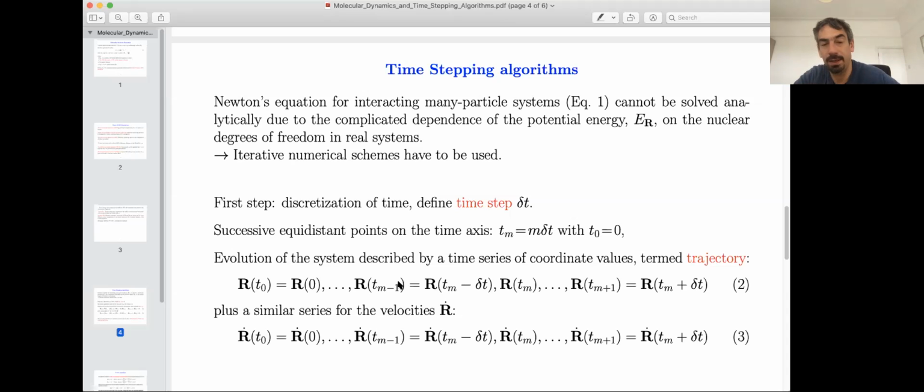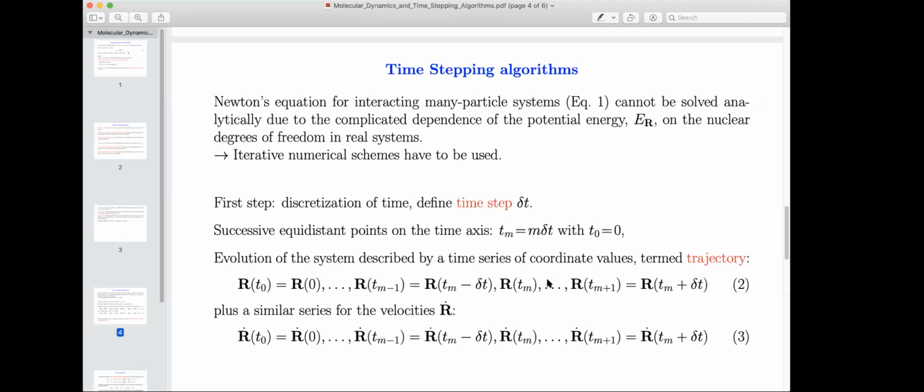You again use this, solve Newton's equation of motion for the next time step, and then you move your nuclei to that next position, and then you again solve the Kohn-Sham density functional theory equations for these new positions and the forces, and so on and so forth. So the DFT-MD is just a sequence of solving the Kohn-Sham equations and the nuclear forces for a series of nuclear configurations.